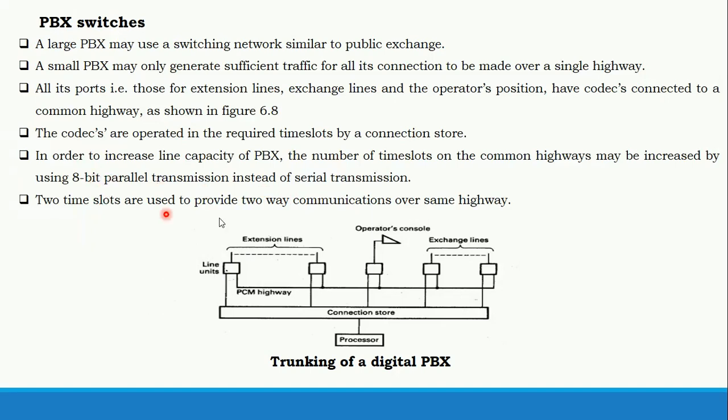And you'll be having 8-bit parallel transmission instead of a serial transmission, because you need to fasten the transmission rate. And you'll be having 2 time slots, which will provide two-way communication, and everything is assisted with this operator console. So you need to remember this diagram and you need to concentrate on what point is to be listed. So everywhere PCM is a common word and codec is a common word.